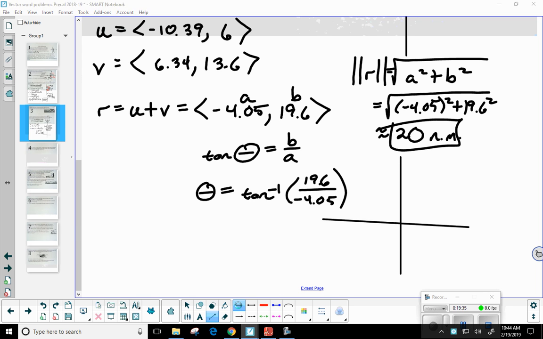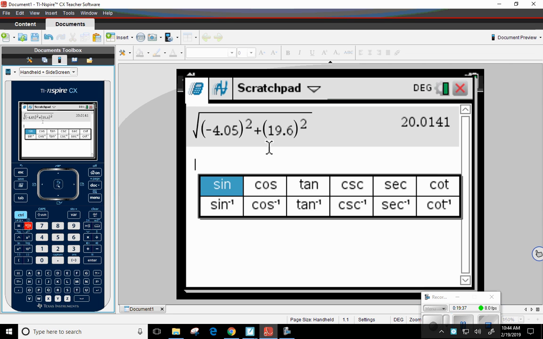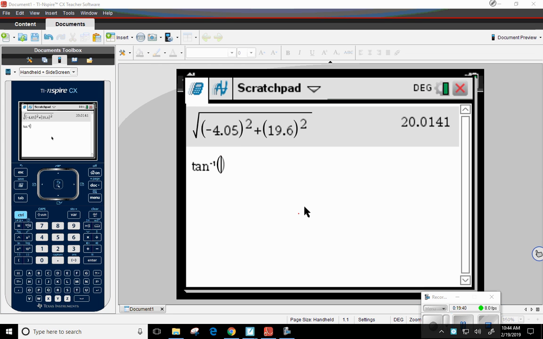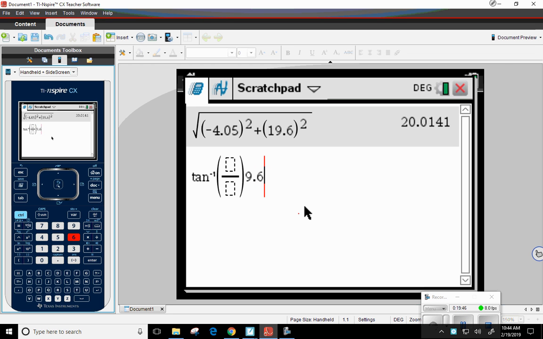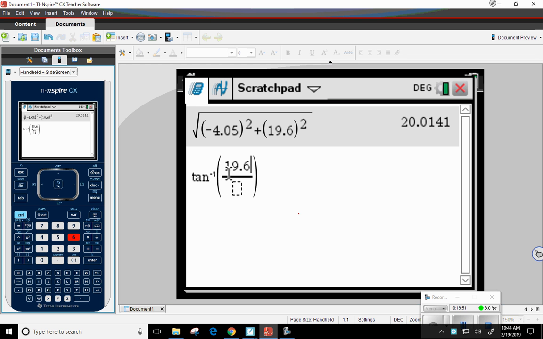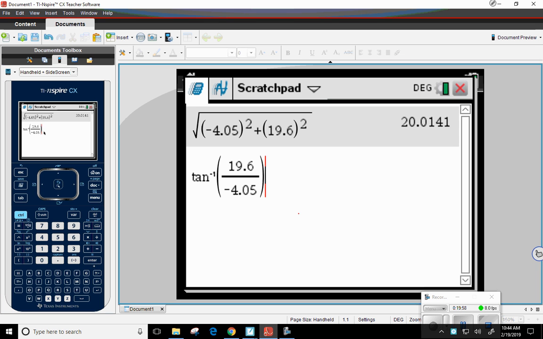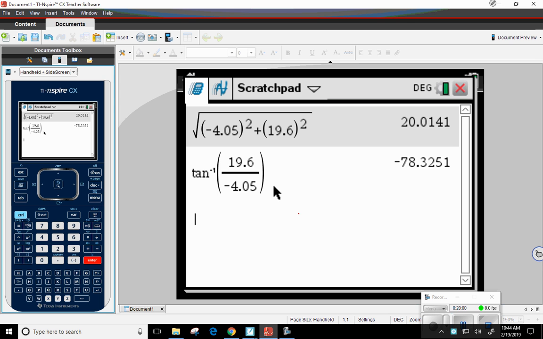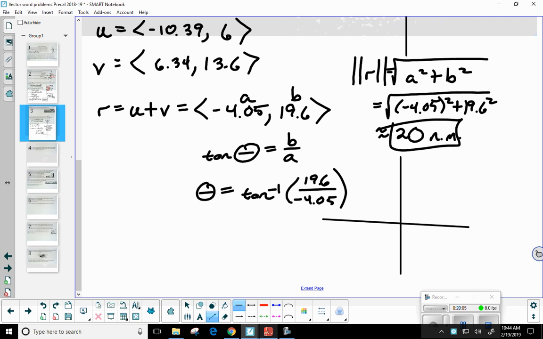Let's go ahead and see what this is first. So tangent inverse of this ratio, 19.6 over the negative 4.05. So negative 78.3. Let's say this is right here.